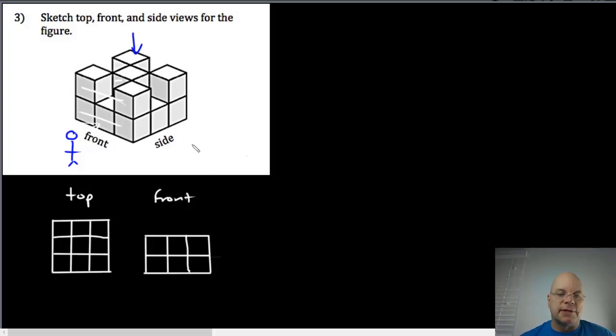The side view would look identical to the front view. So you sketch the same thing, and that's what it looks like from the side.